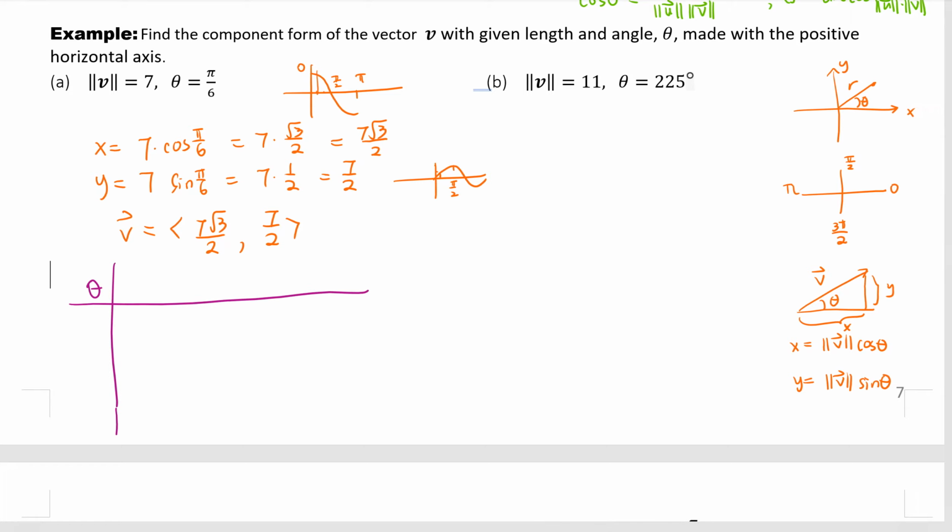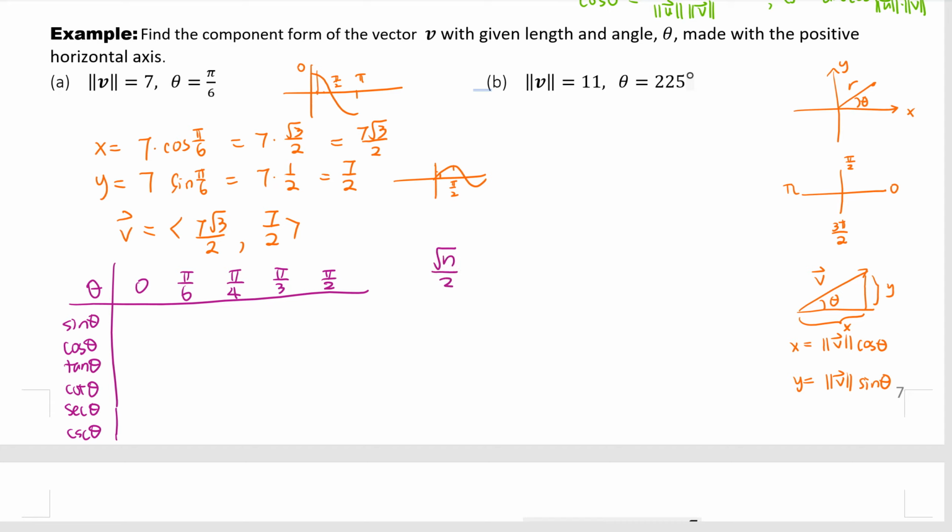So we have the theta, and we have the angles 0, pi over 6, pi over 4, pi over 3, and pi over 2, right? We have sine theta, cosine theta, tangent theta, cotangent theta, secant theta, cosecant theta. So what is sine? Well, remember the rule, square root of n over 2.